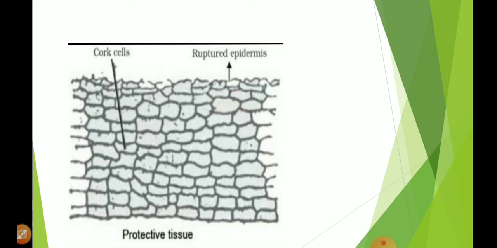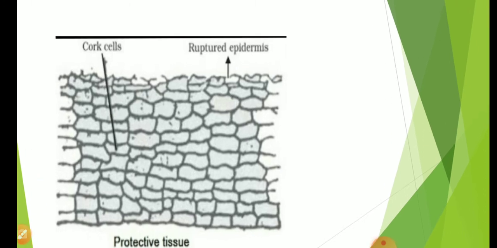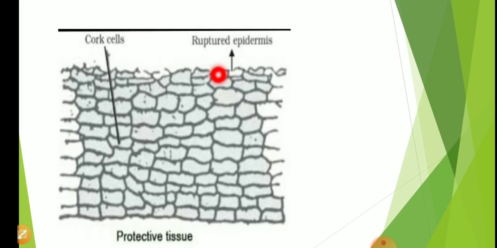Suberin is very essential for the protection of the plant's parts. Apart from that, in the ruptured epidermis here, as I told you, this region has a tiny structure that we call lenticels. Lenticels differ from the stomata, as I already told you.